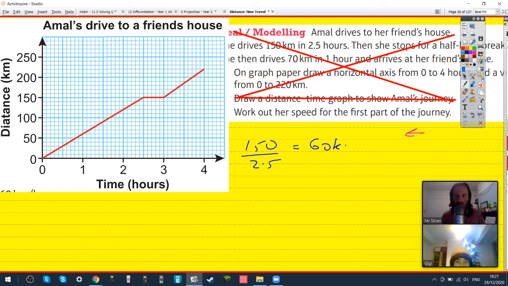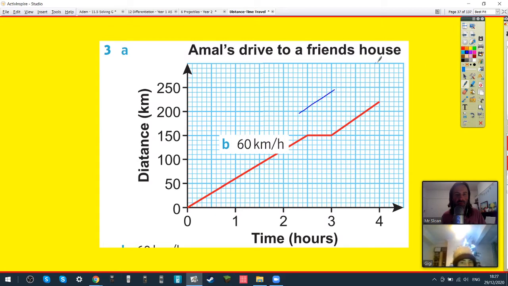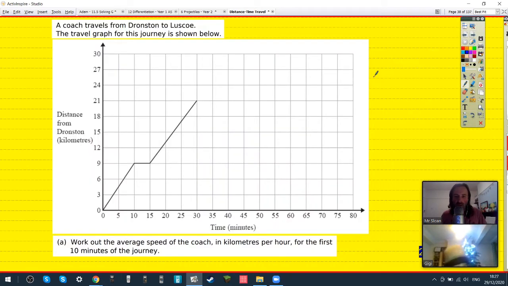Yeah. Kilometers per hour. Seems good. Yep. Let's see. All right.